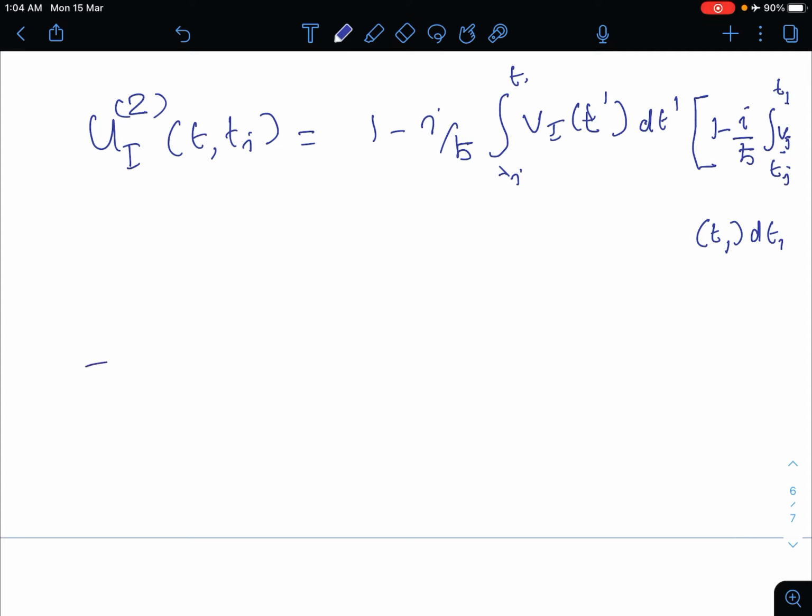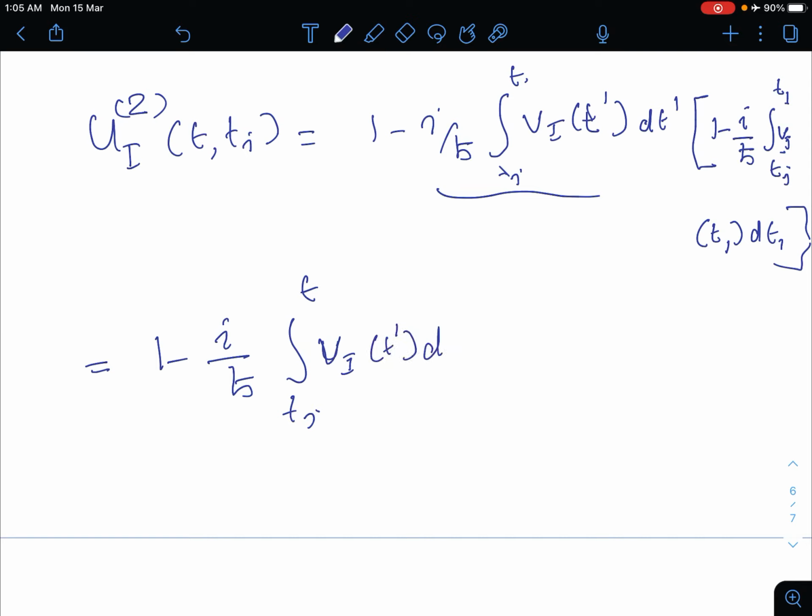So let's multiply these terms. That is simply i by h cross integral ti to t vi of t dash dt dash.